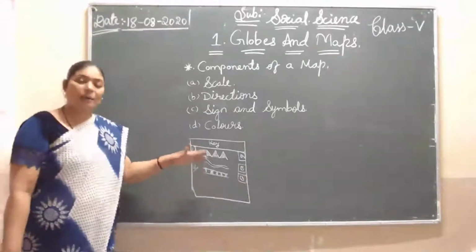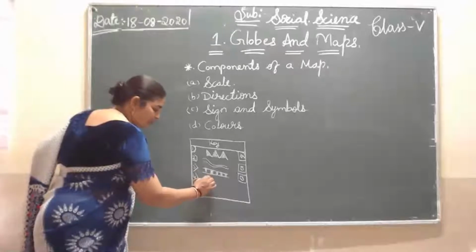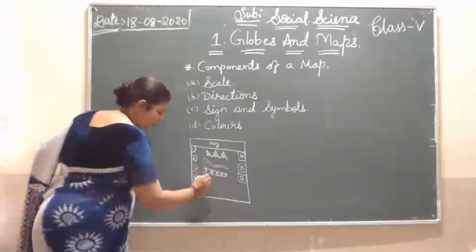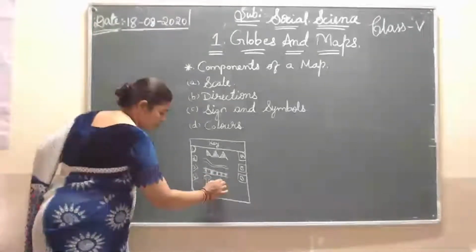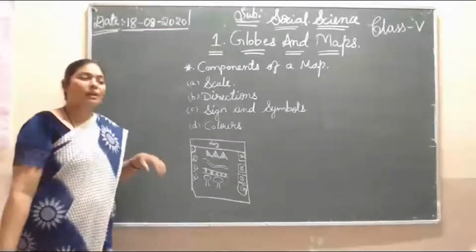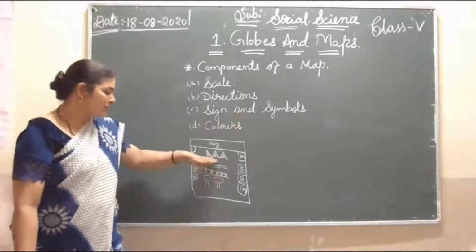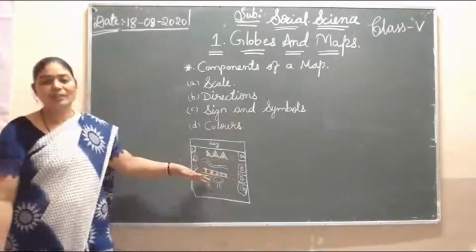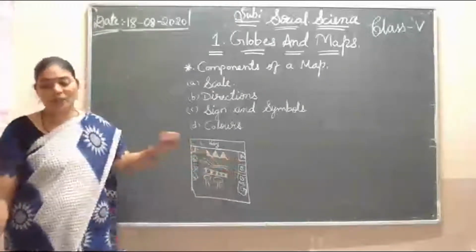Again some other forest. Forest, that is the color. So like this we see the signs and symbols, means here signs and these are the symbols, these are the signs. So we can easily understand, they are showing the colors and all those things.